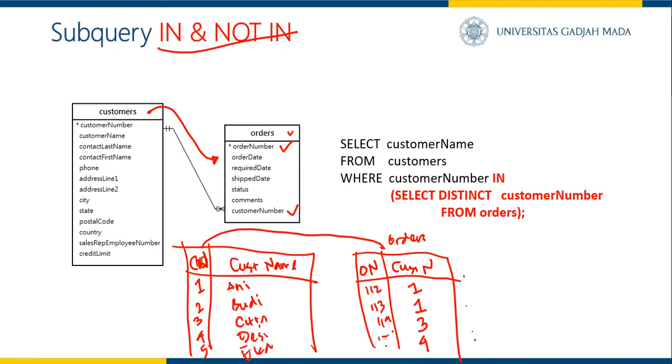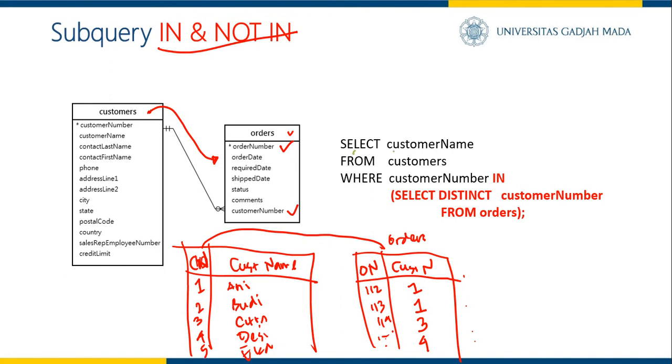As you know, sometimes we get customers that have not placed any order. For example, a new customer that just registered to our system, so he doesn't have any order yet. So in this case, I'm going to select the customer names. So I use this one.